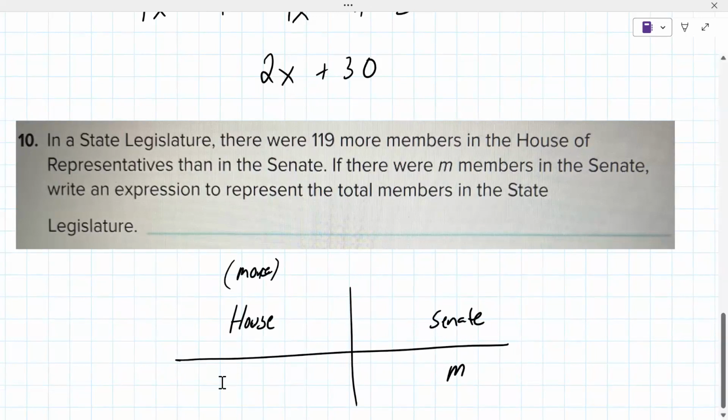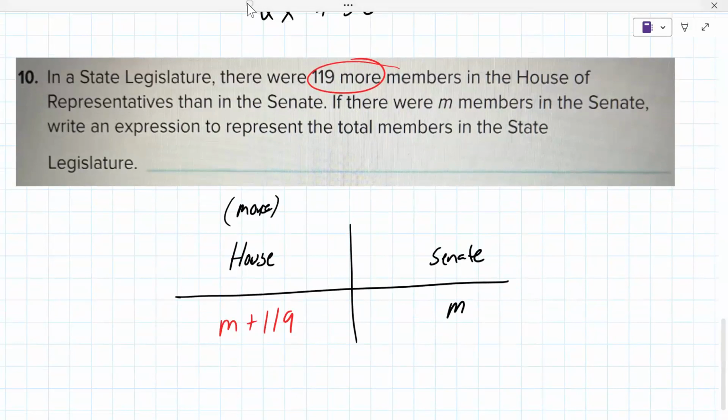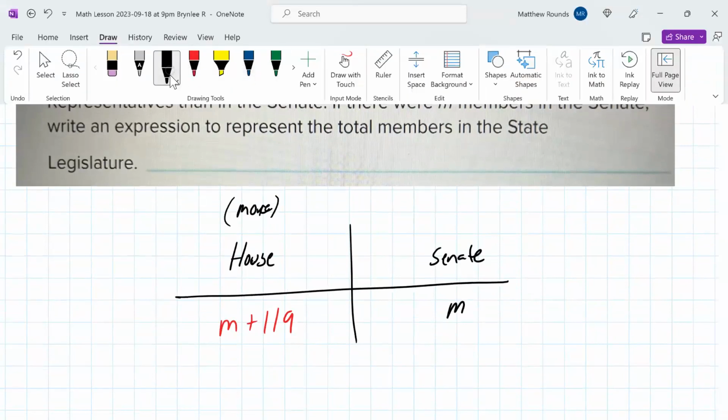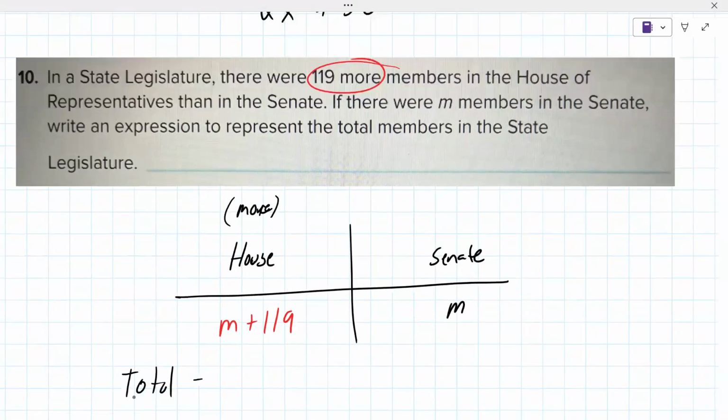Okay, we'll get to that. How many members were in the House if there were M in the Senate? What would be the expression for that based on this right here? It's 119 more. M plus 119. Okay. And so the total is, well, it's the House plus the Senate.